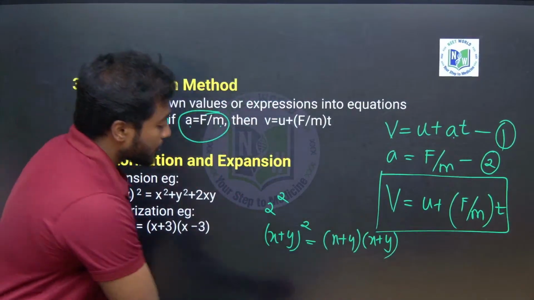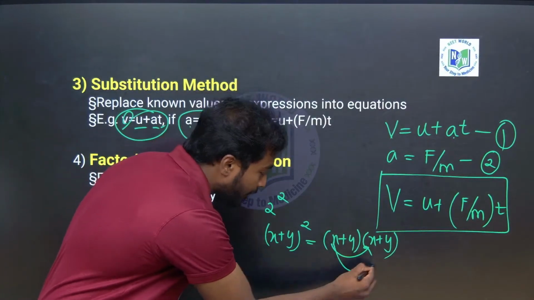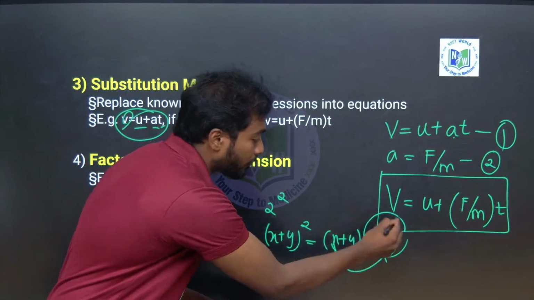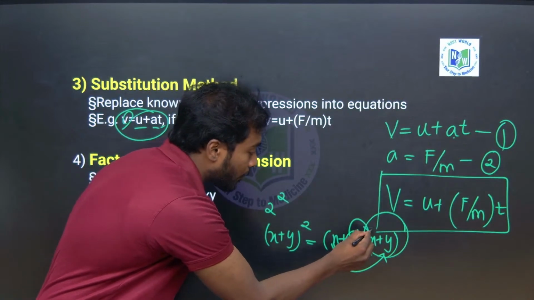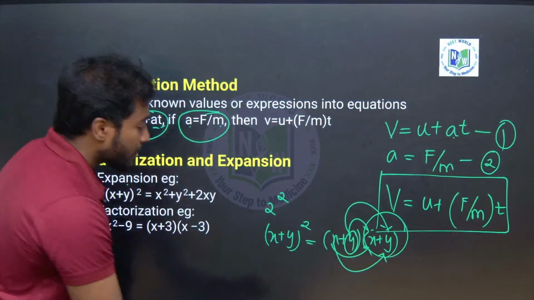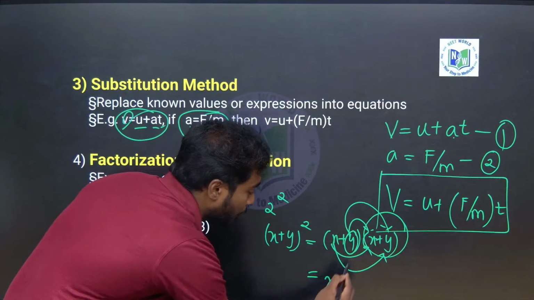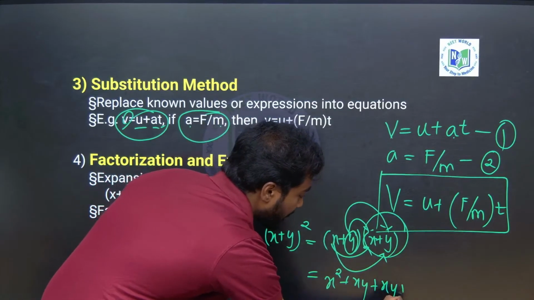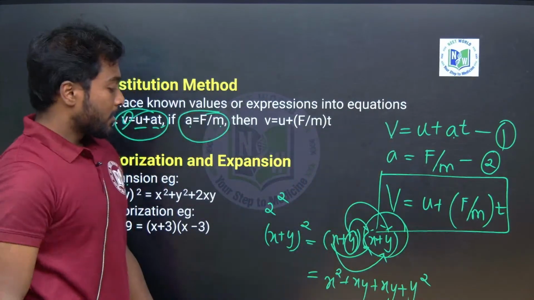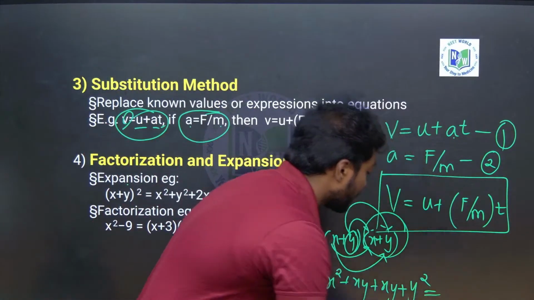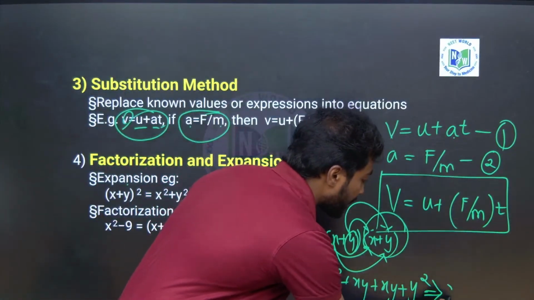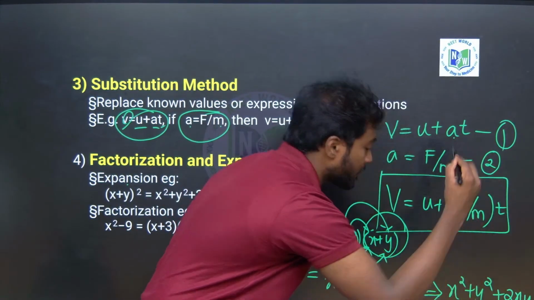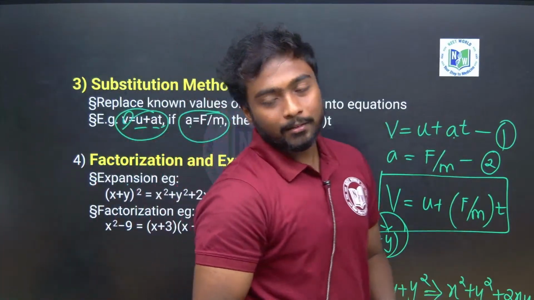So x into x first, then x into y, taking the first term and multiplying with the whole term. Next I will take the second term and multiply with x as well as y. So what will I get here? First x square plus xy, again plus xy plus y square. So the final equation I will get is x square plus y square plus 2xy. This is how we will expand the term.